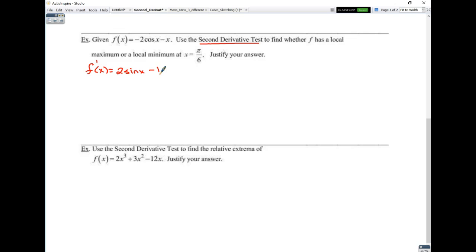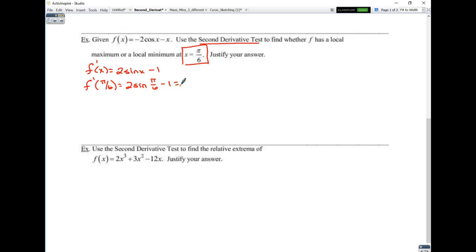Normally I would set this equal to 0. Notice what the question is asking. It's asking, is there a relative max or min here at x equals pi sixths? I'm just going to evaluate f prime of pi sixths. If this equals 0, I'm in business.